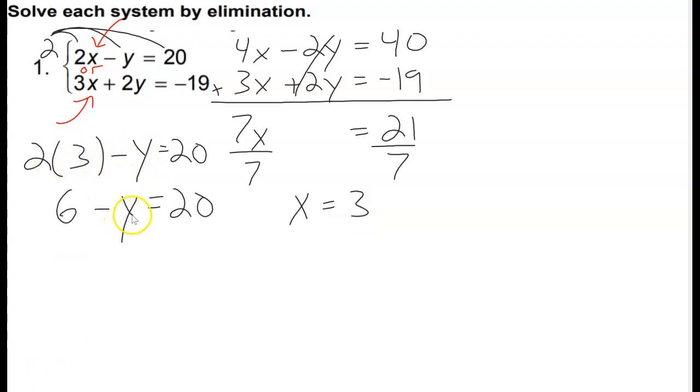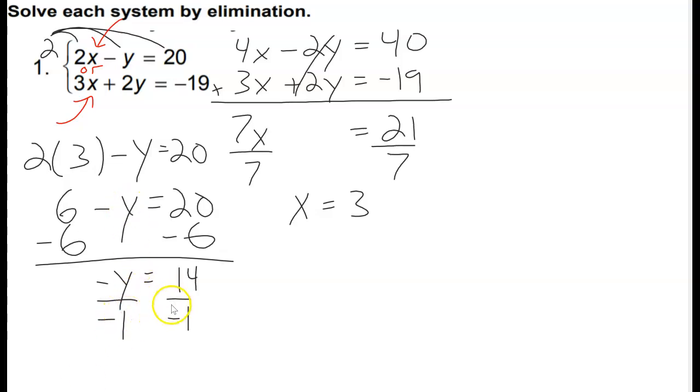Bring down the negative y is equal to 20. Trying to get y by itself, so I subtract 6 on both sides. 20 minus 6 is 14. Bring down the negative y, divide by negative 1, and y is equal to negative 14. So our point is going to be 3 first, because it's x, and then negative 14.